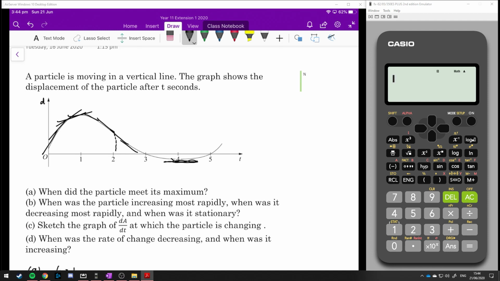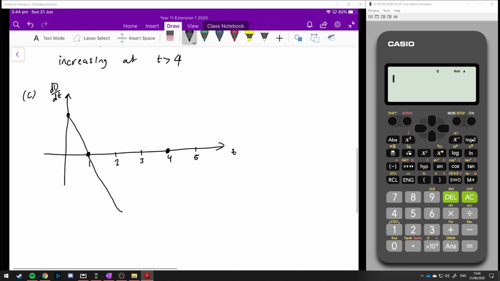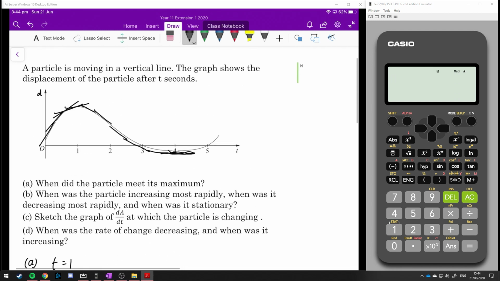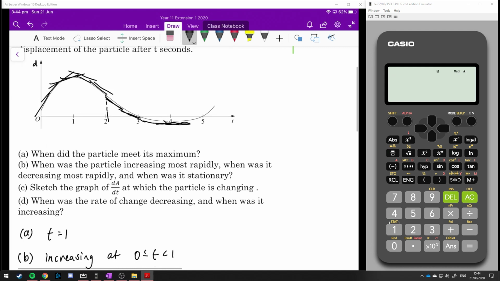After t is equal to 2, our gradient is still negative, but it starts to get shallower and shallower again. It comes back up towards 4, because this is the point where my graph goes from steeper to shallower, and it does that all the way until we get to 4.